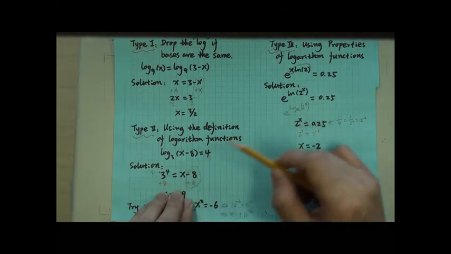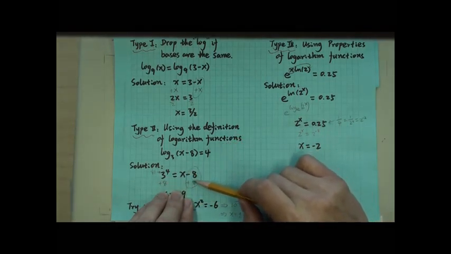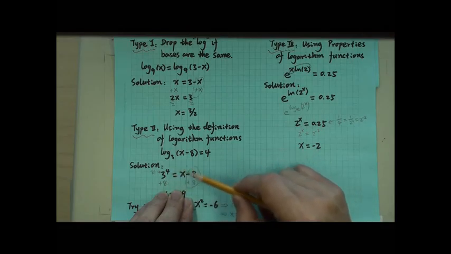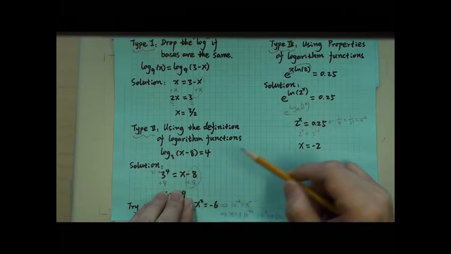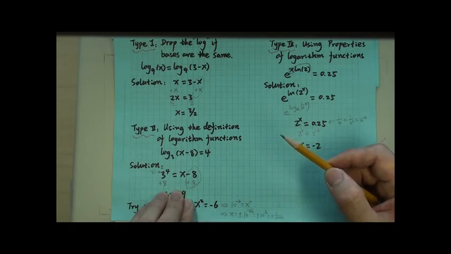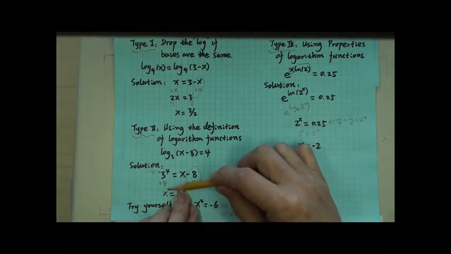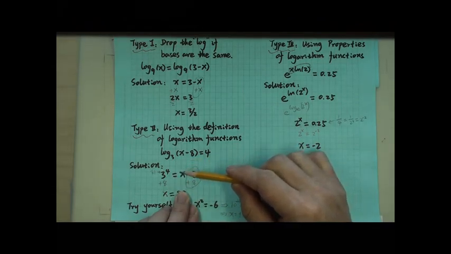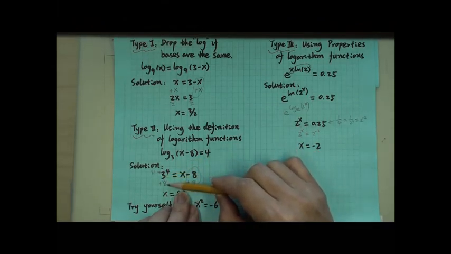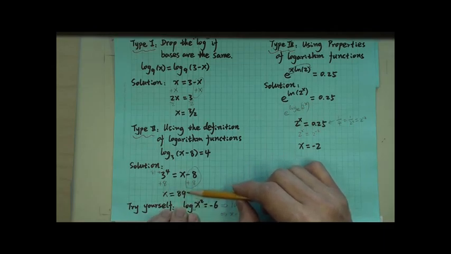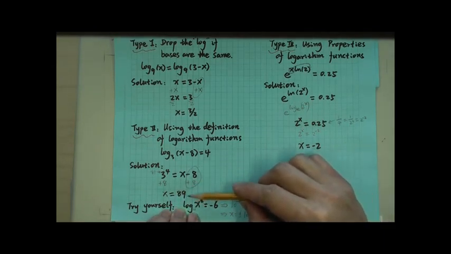That's 81. Both sides add 8. You cancel this positive negative 8. Then right hand side is just x. Left hand side is 81 plus 8, which is 89. So that's the solution.